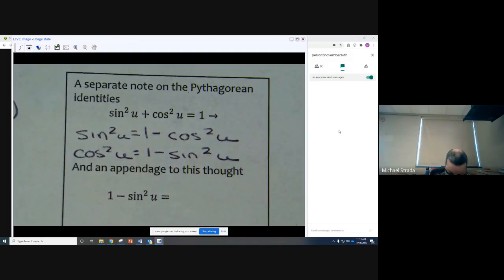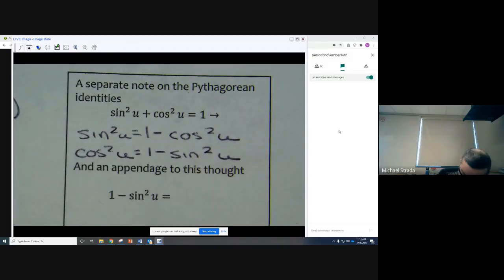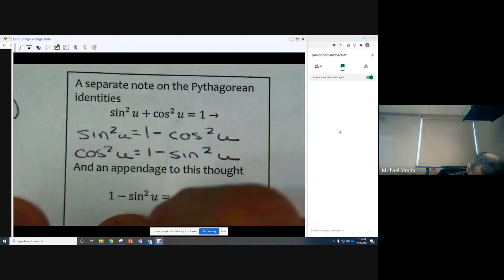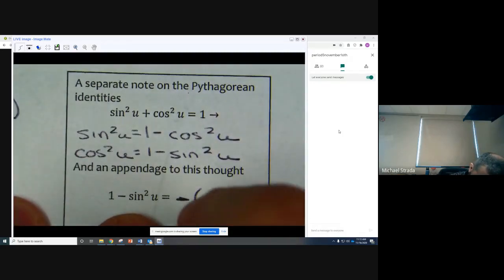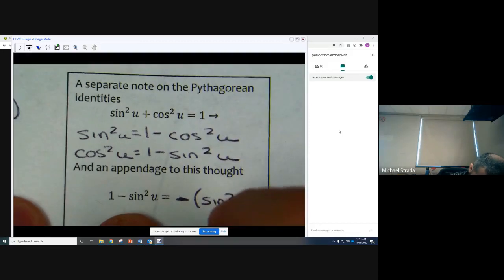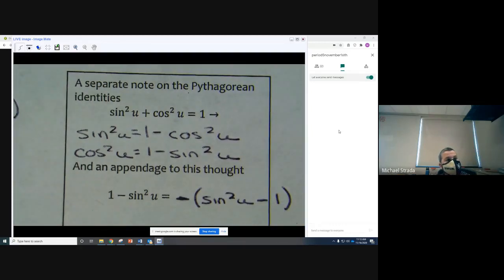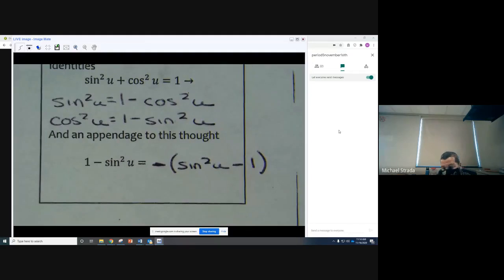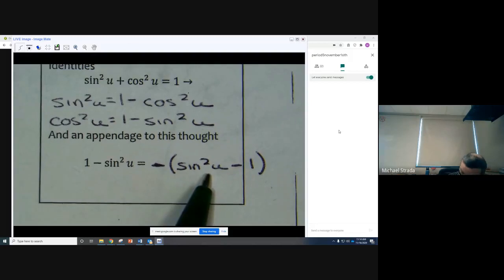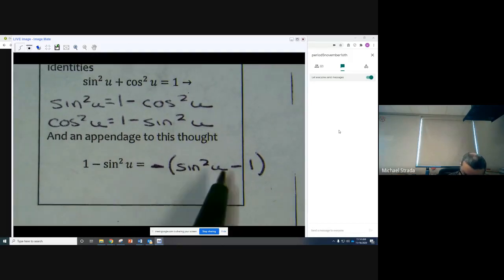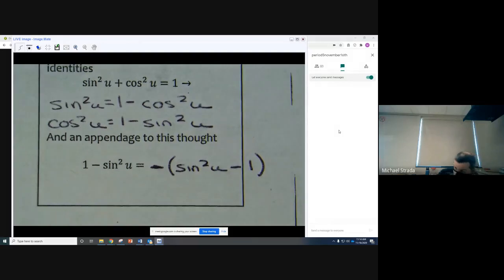Now, the next thing is 1 minus sine squared u is the same thing as negative sine squared u plus 1. When you switch the order in subtraction, you switch the sign. That makes sense. Because if we distributed the negative, the negative times that would give us that, and the negative times the negative would turn that into a positive.